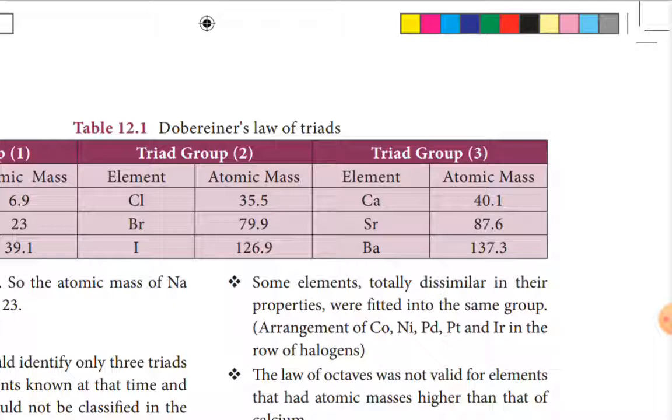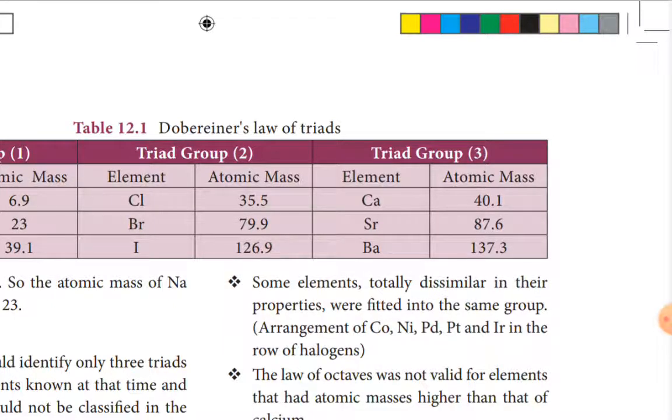The sum of 40.1 and 137.3 is going to be 177.4. 177.4 divided by 2 is nearly 88.7. Here it is given 87.6. So it is nearly equal to the average atomic mass of calcium and barium. The strontium atomic mass is nearly equal.